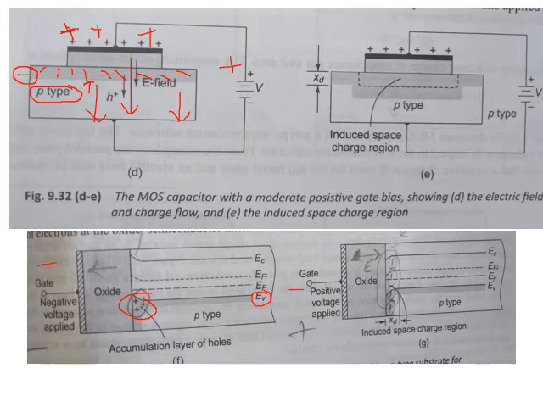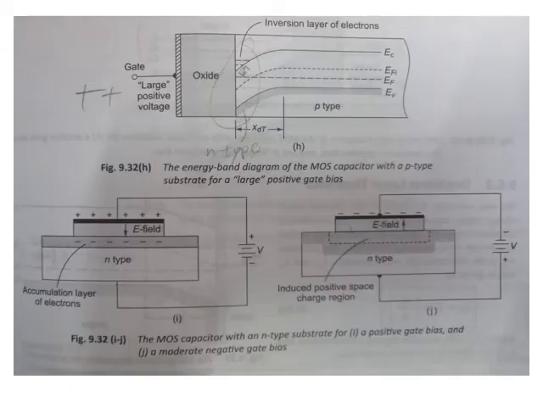And when we apply positive potential, positive charges will develop here, but the holes will be repelled away. Hence the count of holes is decreasing, right? That is indicated by the band bending. Similarly, if we apply a large positive potential, then the band will bend more, right? These things we have seen.